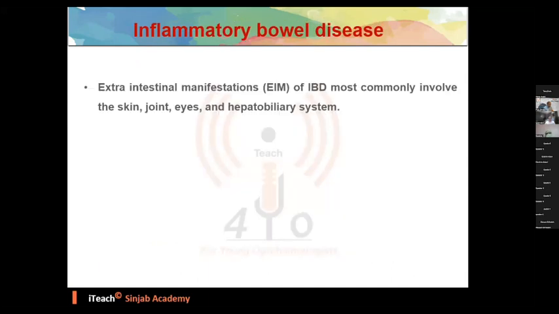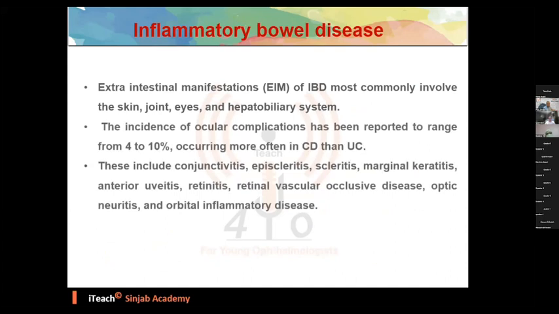Extra-intestinal manifestations of inflammatory bowel disease most commonly involve the skin, joints, eyes, and hepatobiliary system. The incidence of ocular complications has been reported to range from 4 to 10%, occurring more often in Crohn's disease than ulcerative colitis. These include conjunctivitis, episcleritis, scleritis, marginal keratitis, anterior uveitis, retinitis, retinal vascular occlusive disease, optic neuritis, and orbital inflammatory disease.